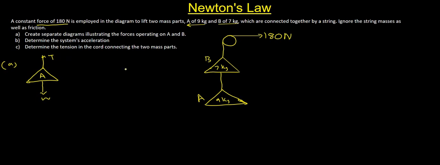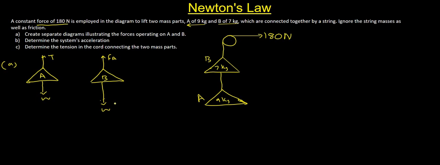What are the forces acting on B? We have B. We have the applied force of 180 acting upwards. And again, we have weight. Weight for the two parts, A and B, will be our weight.